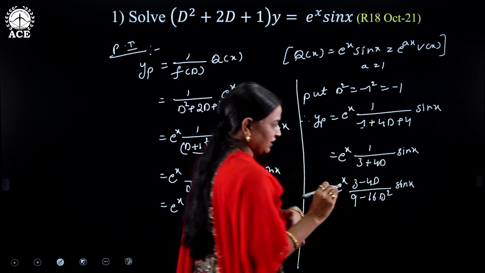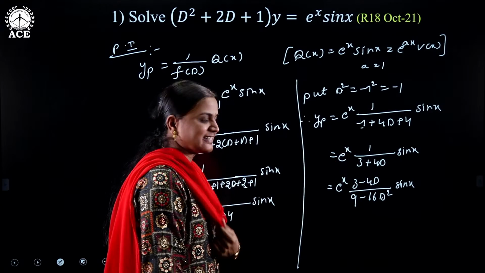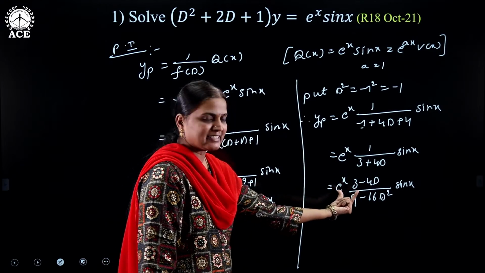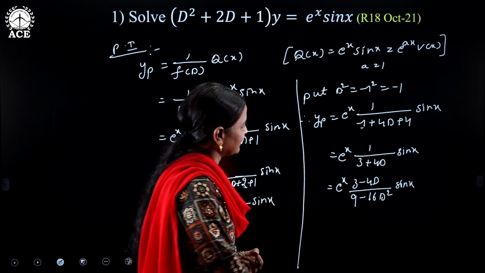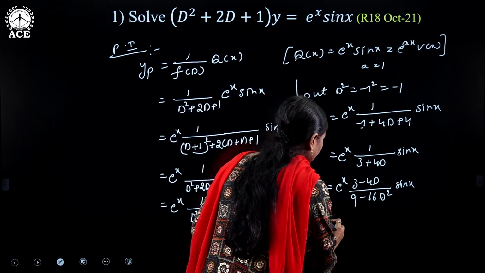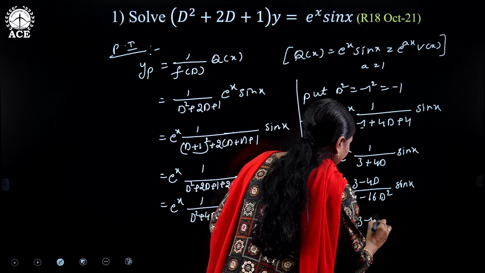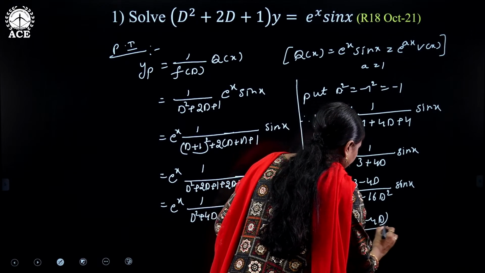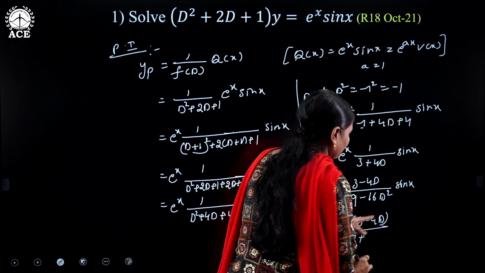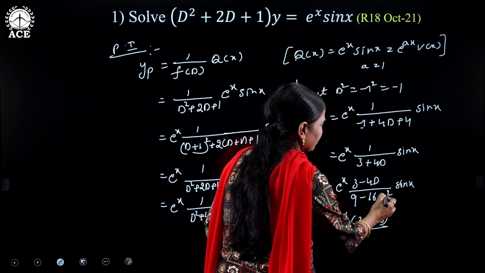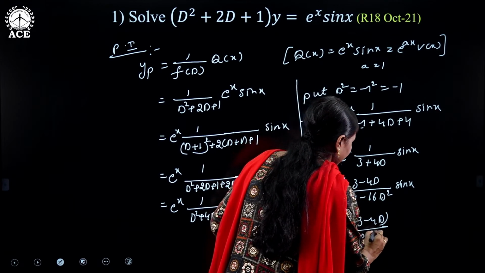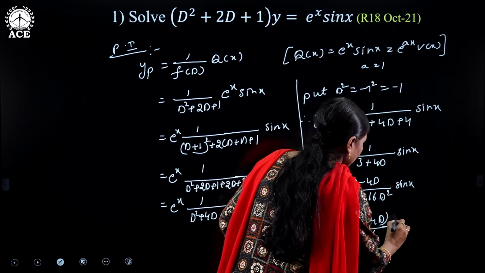After rationalization, again the denominator contains D square. When the denominator contains D square, then put D square is equal to minus 1. So now it is equal to e power x into 3 minus 4D by 9 plus 16 into sin x.